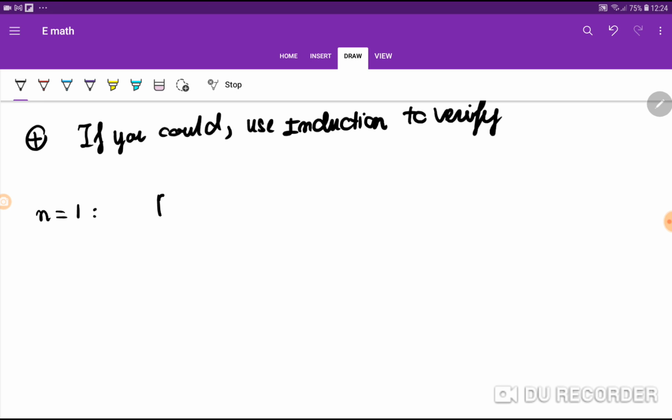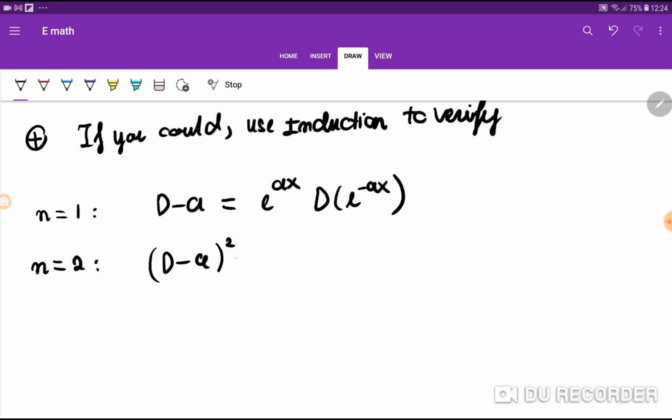you have d minus a equal e to the power ax, a plus first, always plus first, d e to negative x, right? And n equal 2, you have d minus a square equal, I'm just gonna write it.